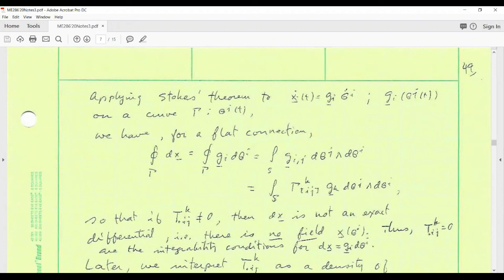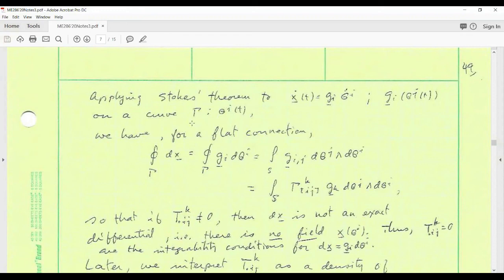We can introduce a vector field x dot, which is given this way along the curve. That's position on the curve, in other words, the basis times the dot of the coordinate. In other words, this is dx equals g_i d theta^i, the same equation.